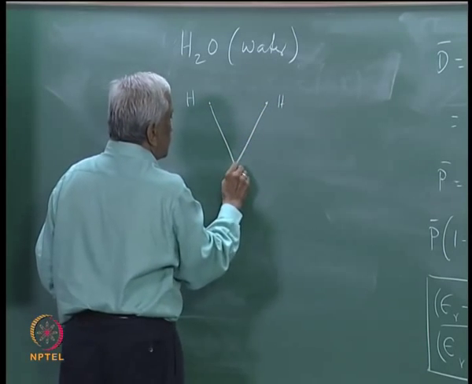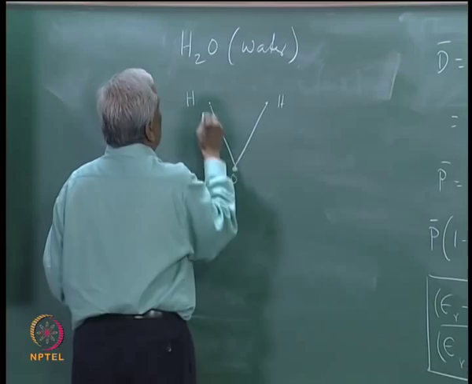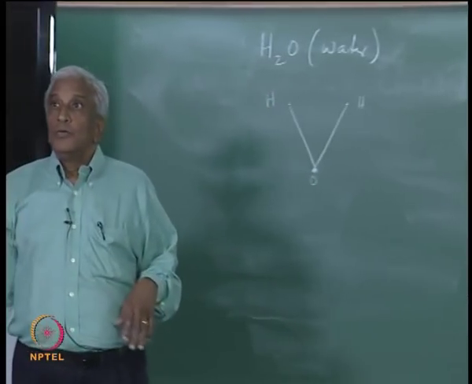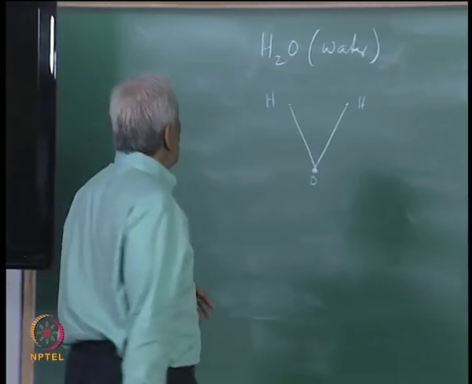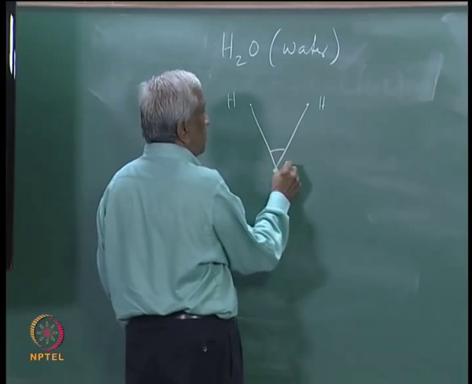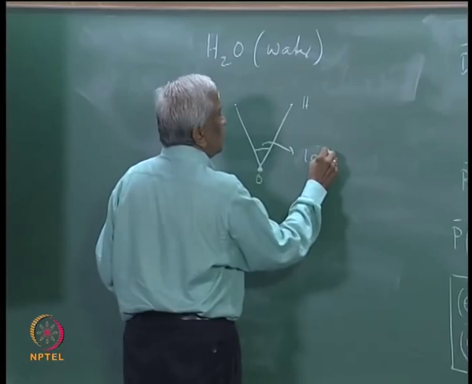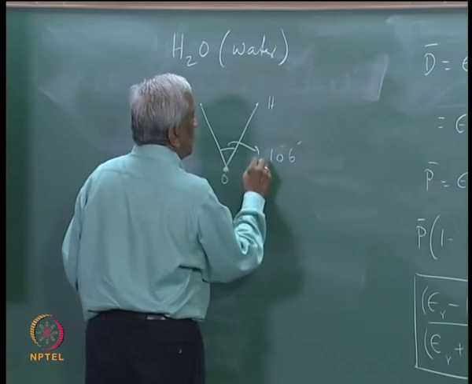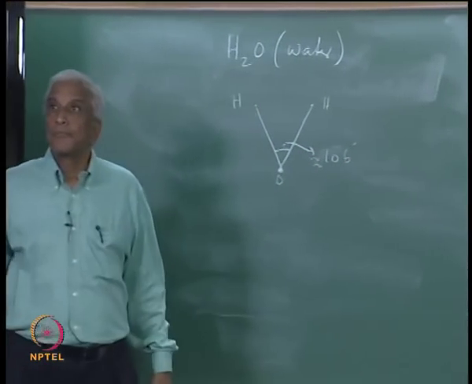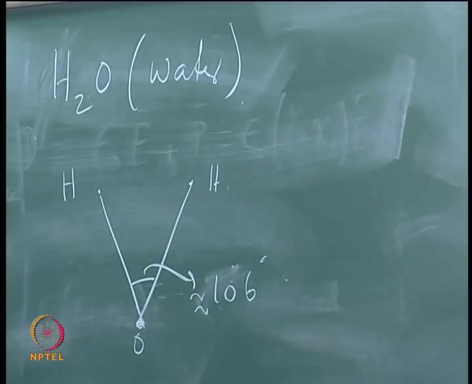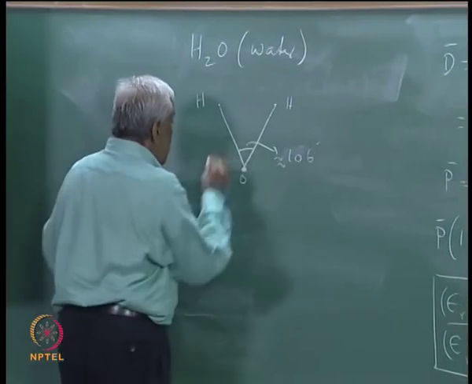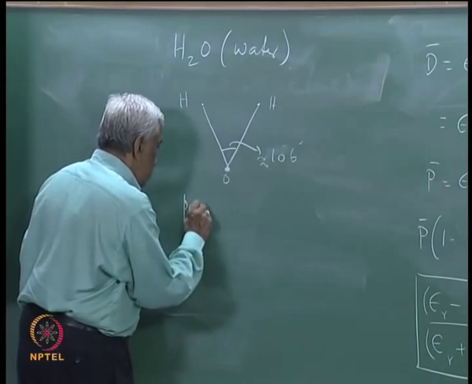So, this is the structure of the water molecule. The HOH bond angle is approximately tetrahedral, something like 106 degrees or so. So, this has a net permanent dipole moment.